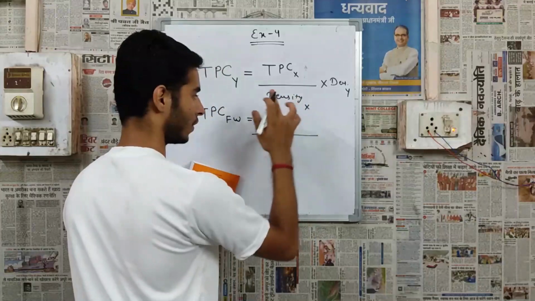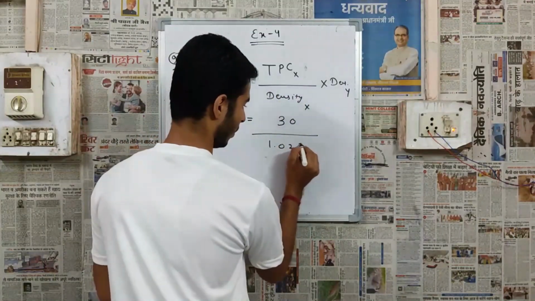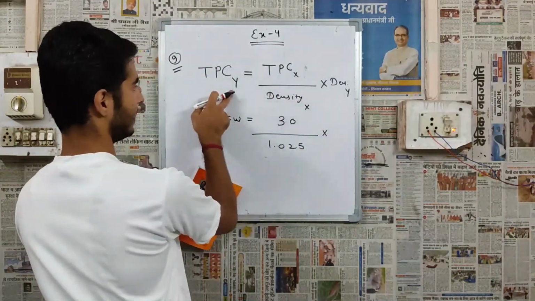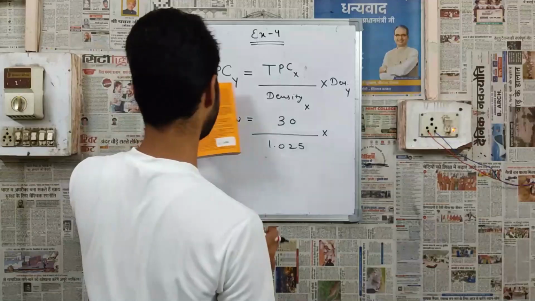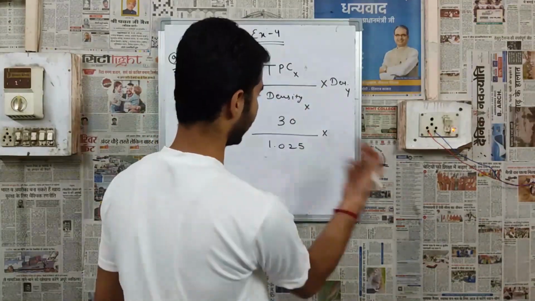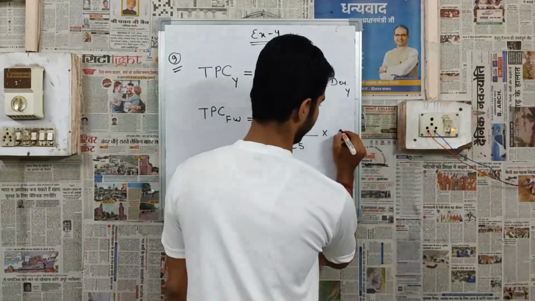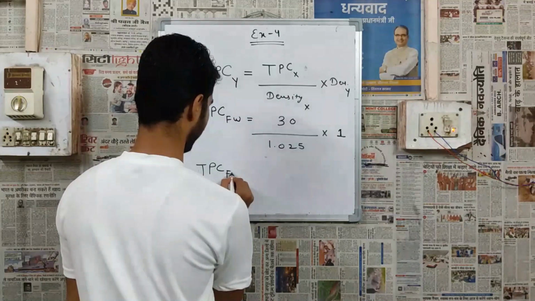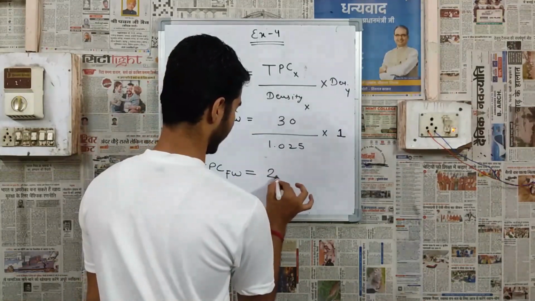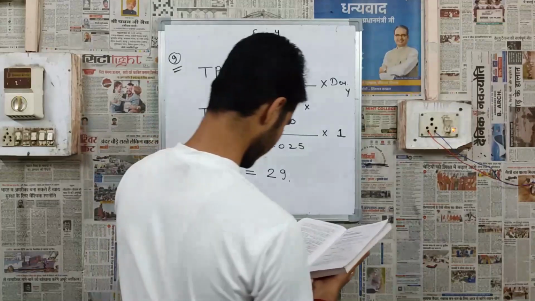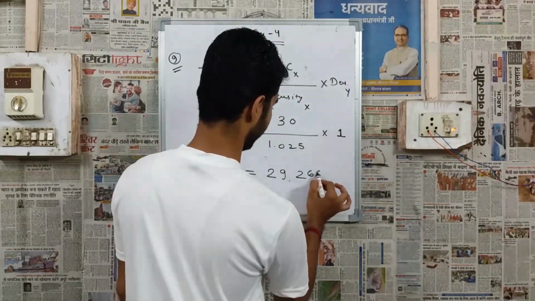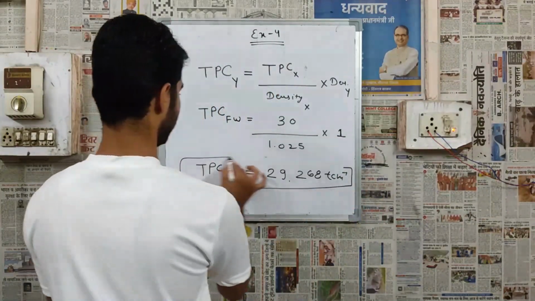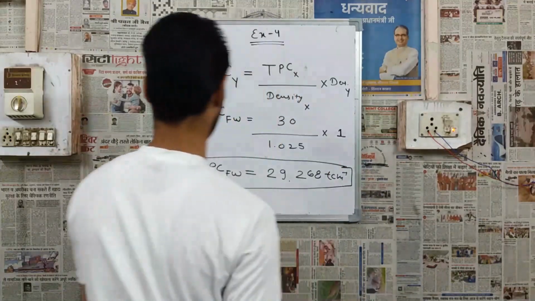Density X means density of salt water, that is 1.025, and multiply by density Y, the density of fresh water, which is 1. So TPC of fresh water is 29.268 ton centimeter inverse. This is the TPC of fresh water.